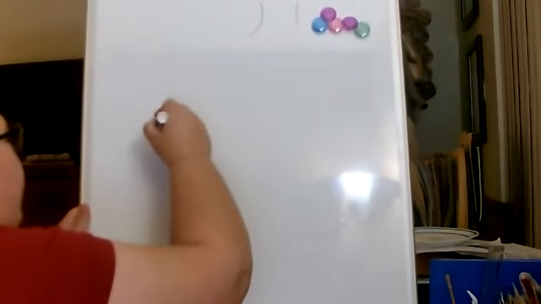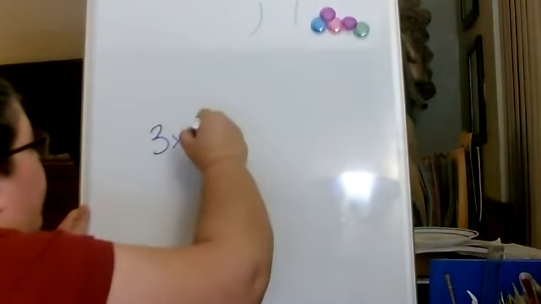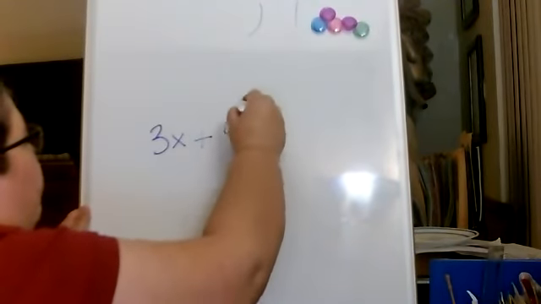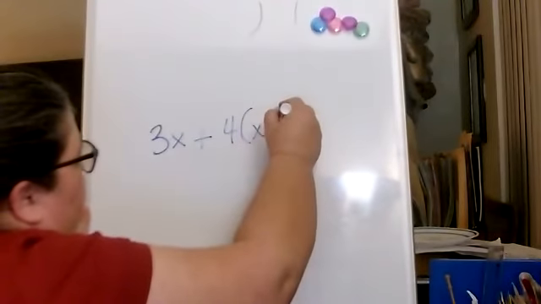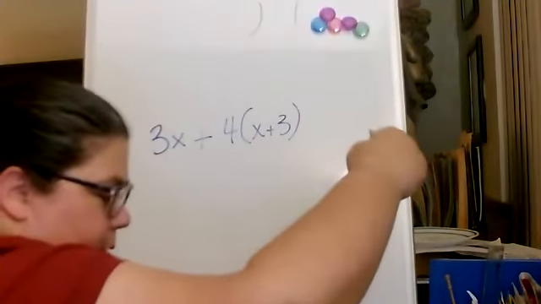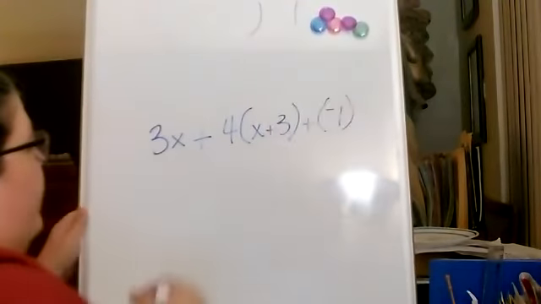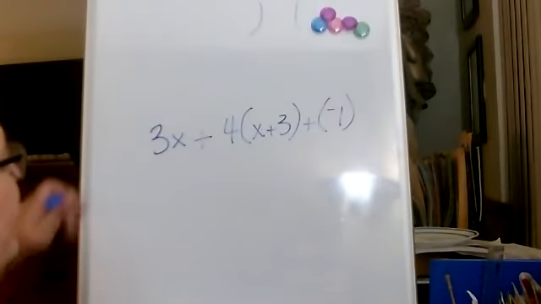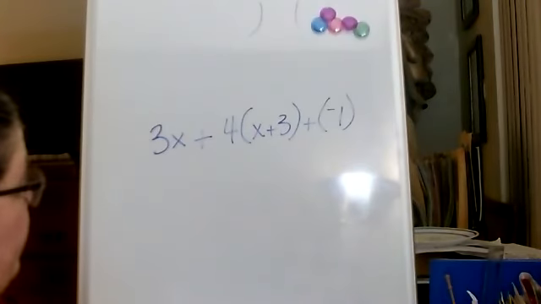We have 3x plus 4 parentheses x plus 3 plus -1. Now, here's where you start worrying about order of operations.